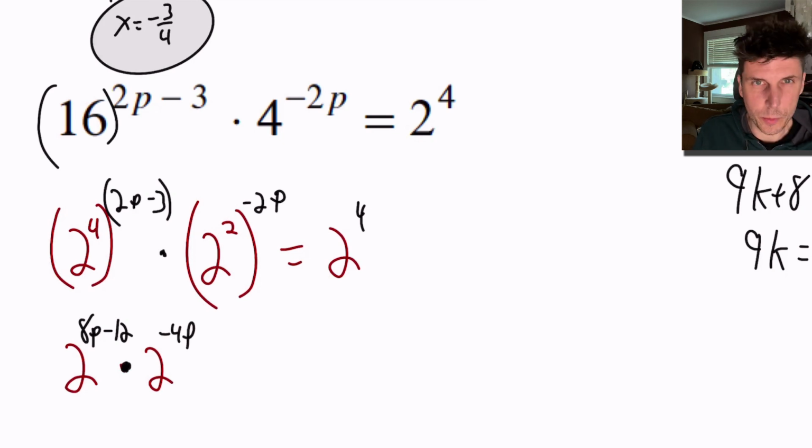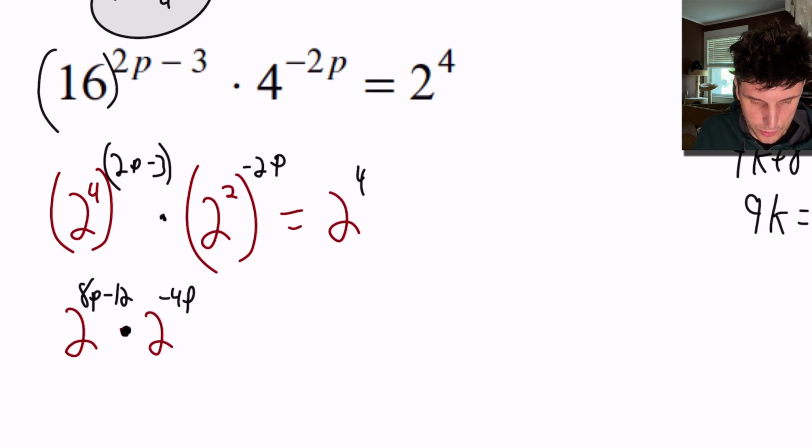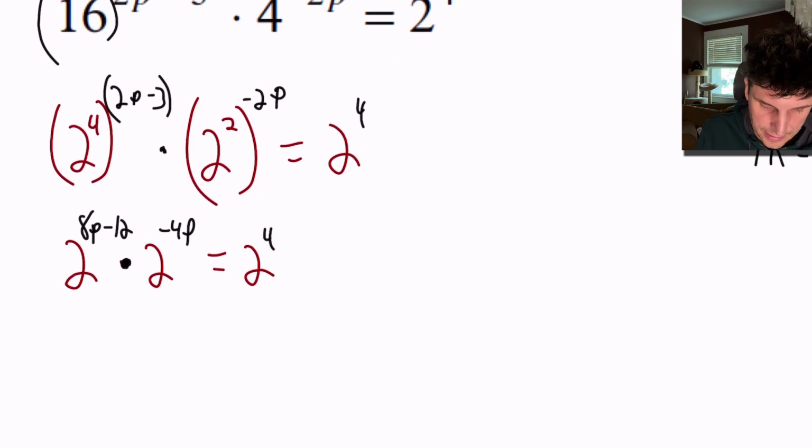Remember, because we're multiplying with like bases, we're going to add those exponents together. And of course, that equals 2 to the 4th. So when we add these exponents together, we're going to end up with 2 to the 4p minus 12 equals 2 to the 4th.